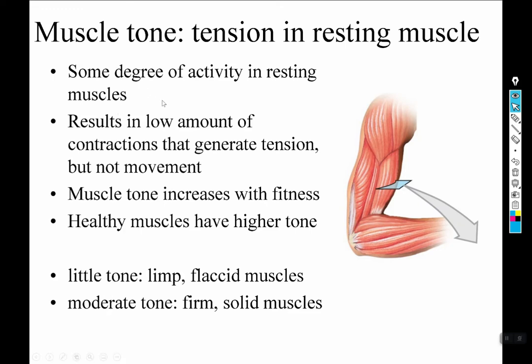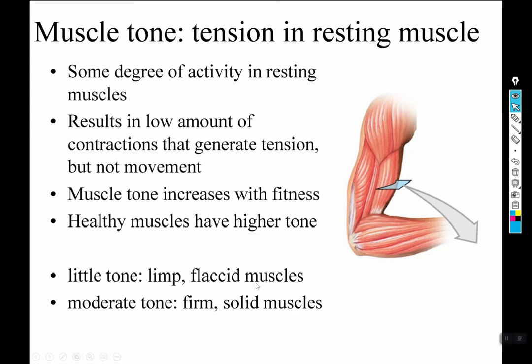The better your fitness is, the more muscular action you do, the more you lift weights, the more you move your body, the better your muscle tone is. And muscles with higher tone are healthier. So if there's little tone, you have limp, flaccid muscles, and this also places you at risk of atrophy, where your muscle fibers individually get smaller because they lose sarcomeres due to disuse.